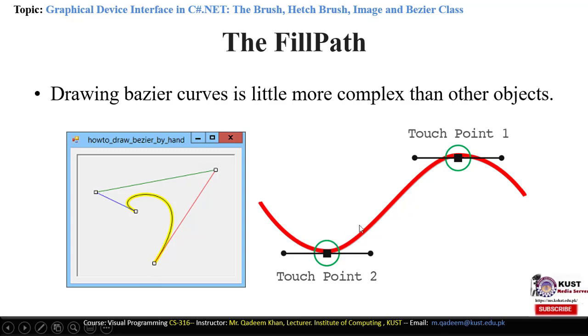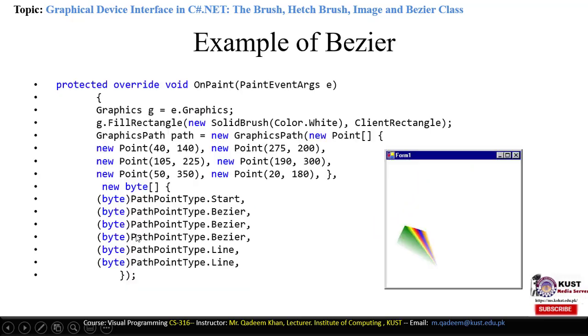For example, if we are drawing a curve here, it will be the start of the first point and the end of the second point. So from here to here we will specify different vertices here. So from the vertex of this point up to the vertex of this point, we can draw certain curves, and that curve will be the Bezier here.